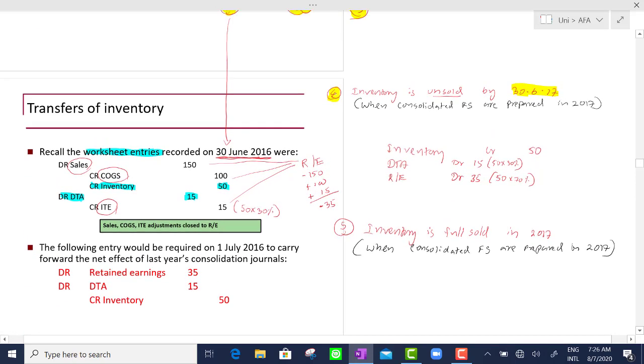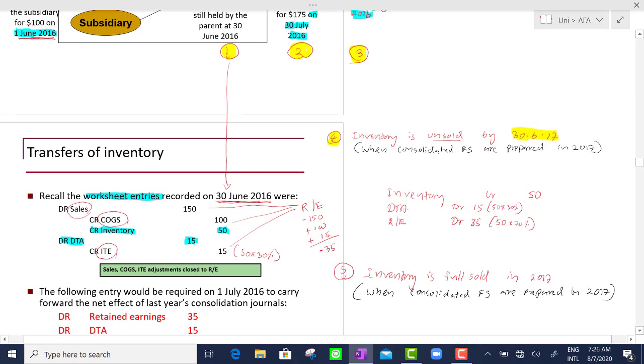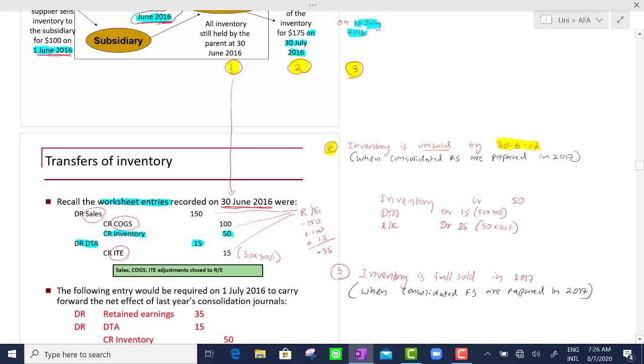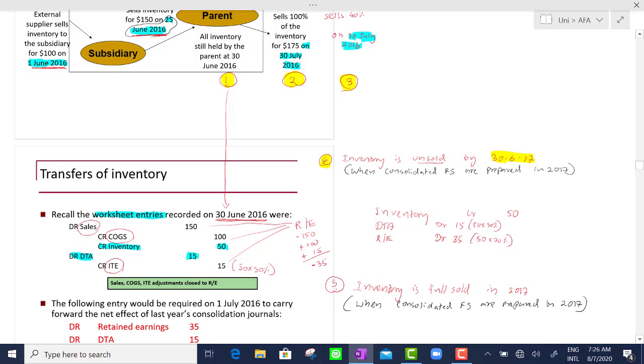Now what is the difference between scenario number 5 and 2? Scenario number 5 and 2, the difference is scenario number 2, this one, the inventory was sold to external customers in the same year 2016.